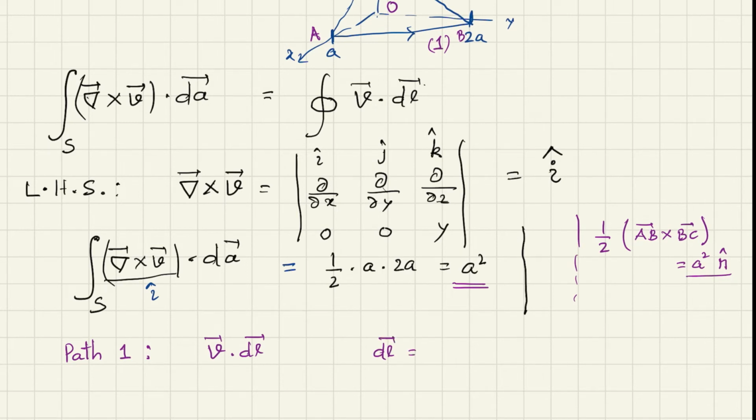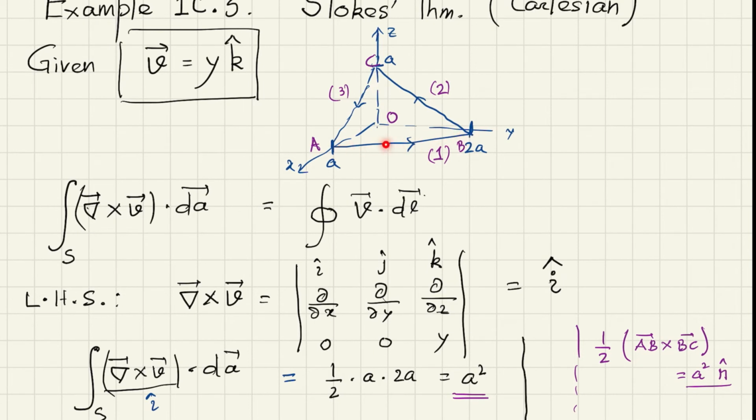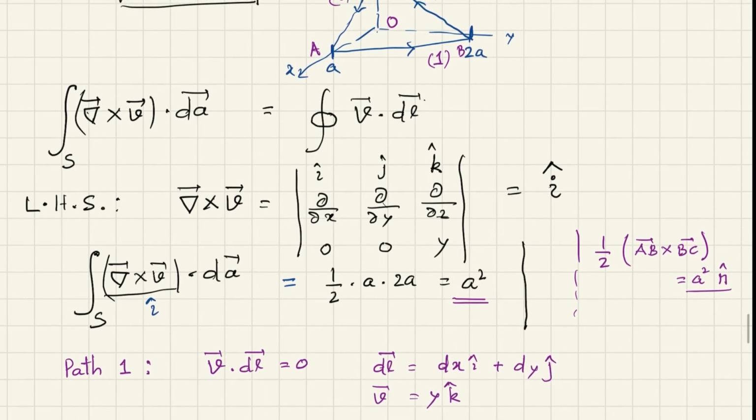My dl is only in the xy plane, and hence it is dx i plus dy j, but my v is y in k. So this is perpendicular to that, so v dot dl is equal to 0 everywhere. I don't even have to integrate. For this path, integration is not required, because v is pointing in the k direction, but dl is in the xy plane. So that's equal to 0.